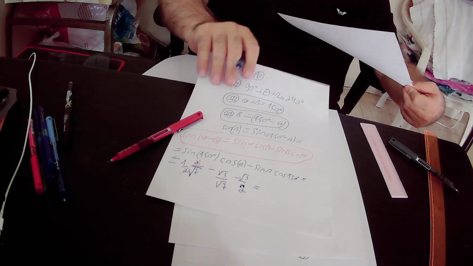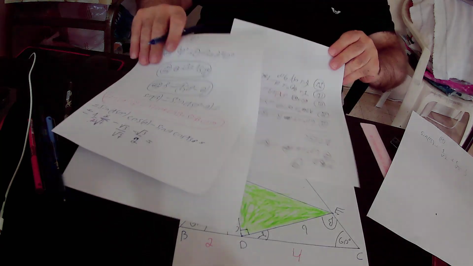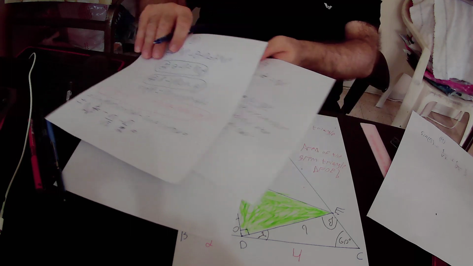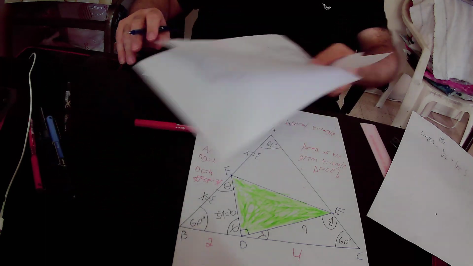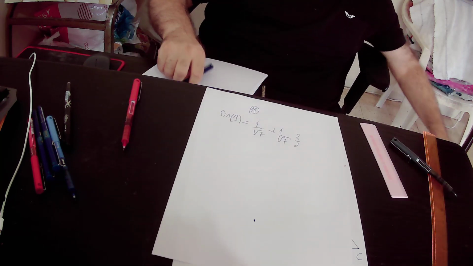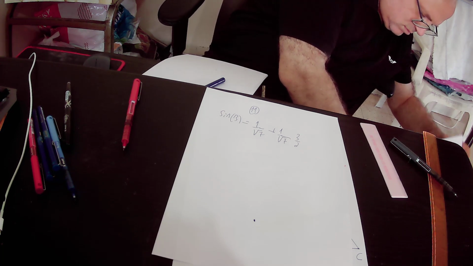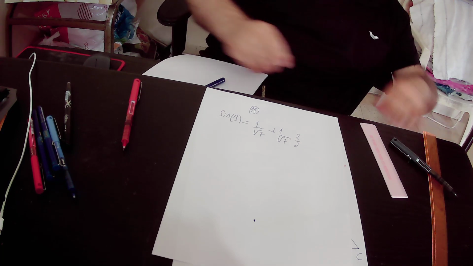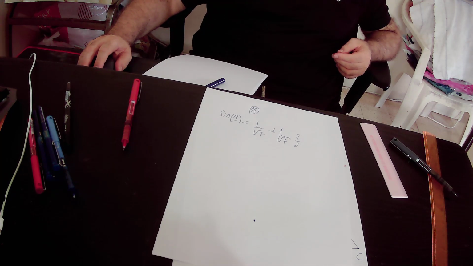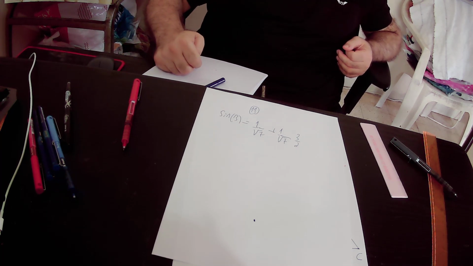Okay, so in total we got that sinus beta equals 1 over root 7 plus 1 over root 7 times 3 over 2.